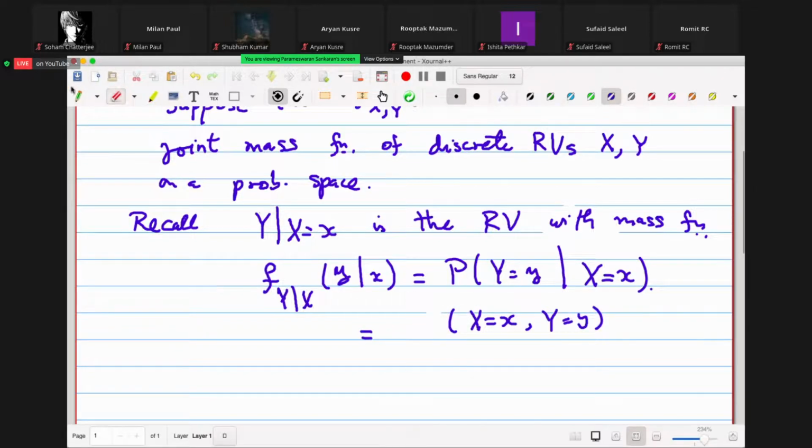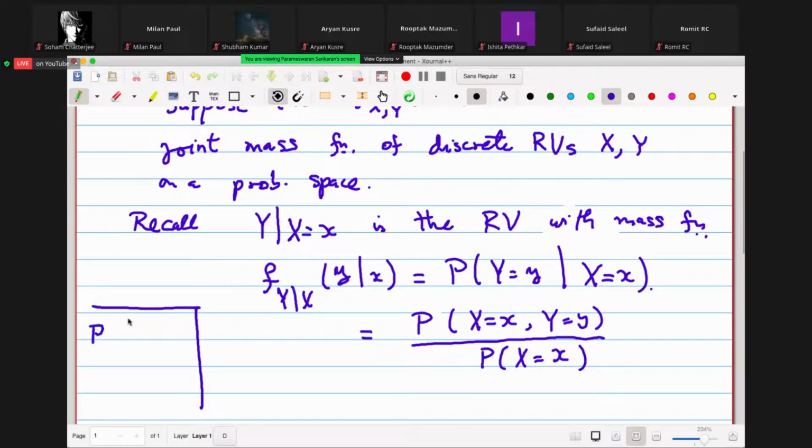Let me write here probability, provided, okay. So this is just, recall, conditional probability. I am just using conditional probability. Probability of A given B is probability of A intersection B over probability of B. Of course, for this to make sense, probability of B must be not equal to 0. So x is in the range of capital X.